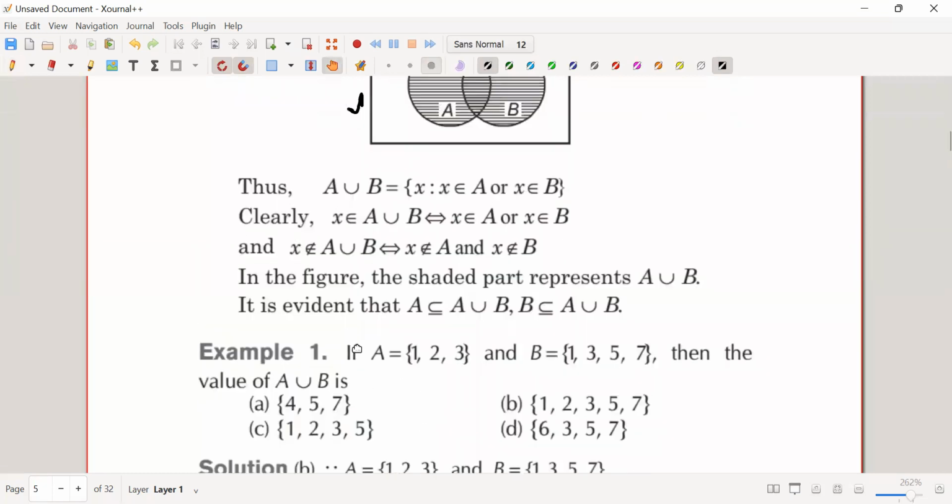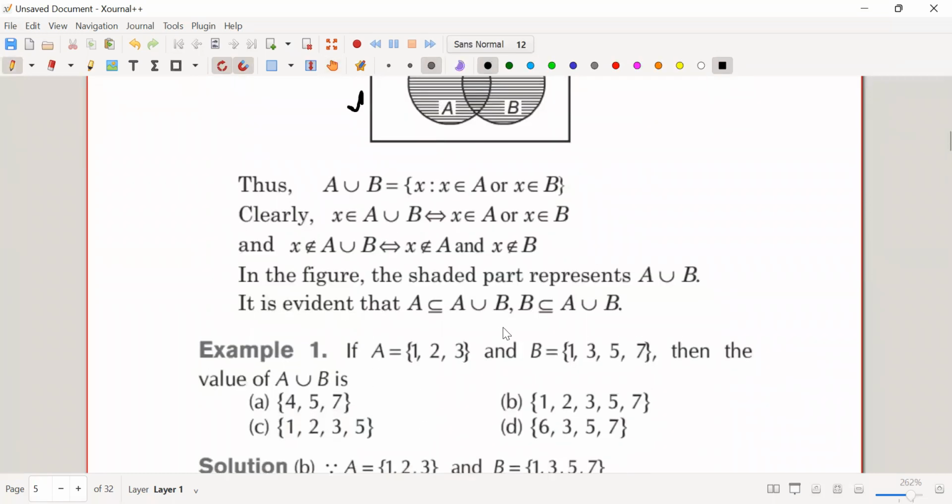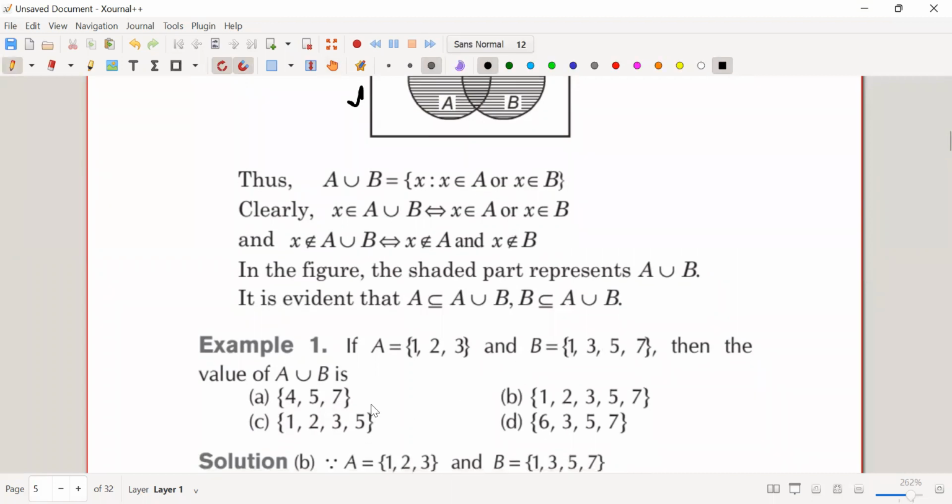We will generally be shading, isn't it? Example 1, A and B have been provided, A union B.